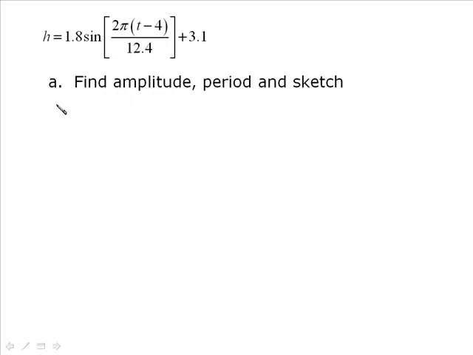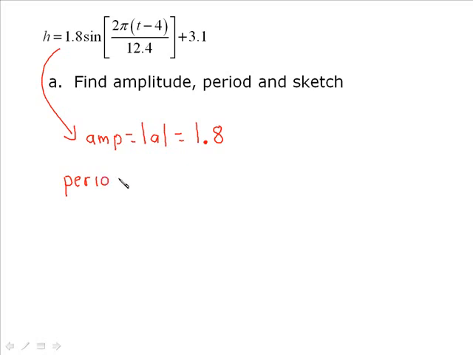So let's do this. By inspection of the equation, we should be able to get the amplitude pretty much immediately. The amplitude is equal to the absolute value of A, so that's equal to 1.8. Now the period, more complicated, but not too bad.